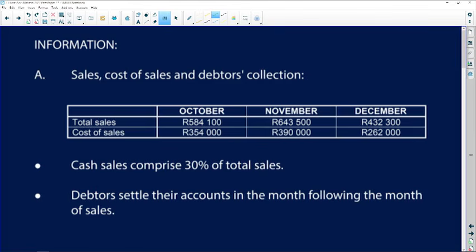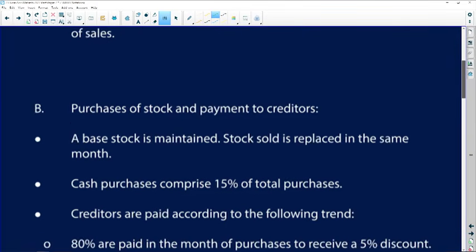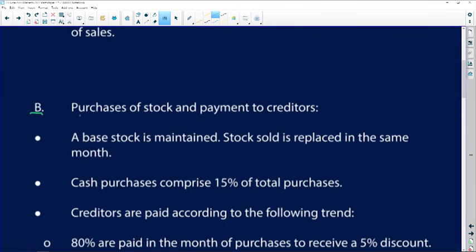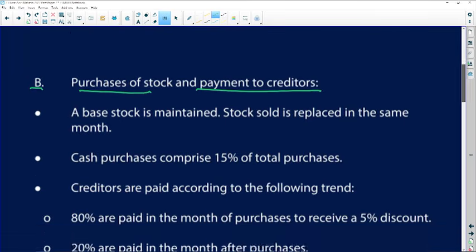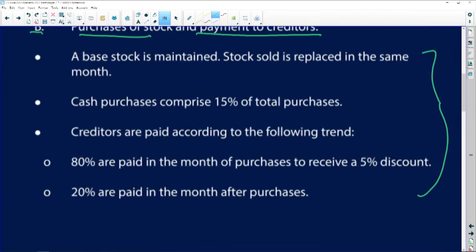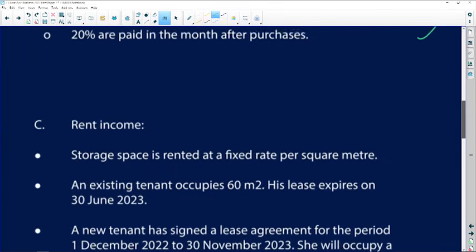Right, so that's exactly what I'm going to do. I'm going to quickly scroll through the information and highlight what each information is basically telling me. So information A deals with sales, cost of sales, debtors collection, and I'm not going to read through these figures, but that's what information A deals with. Right, then information B deals with the purchase of stock and payments to creditors. And once again, we'll obviously get to all of this as we're answering the question, but I'm just getting familiar with my info.